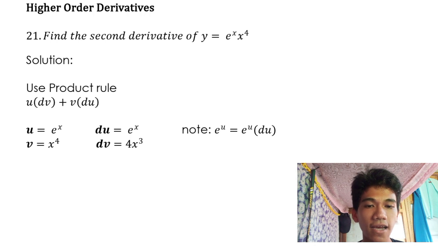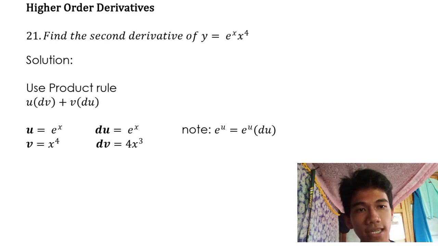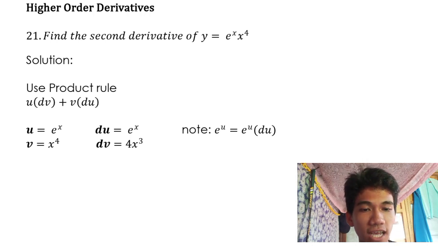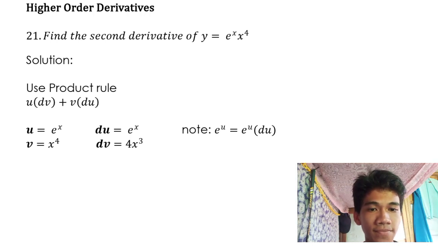The derivative of u is still e raised to x, because note that the derivative of e raised to u is copy the e and the u, times the derivative of u, which is the derivative of x, still 1. So the derivative of u is again e raised to x.